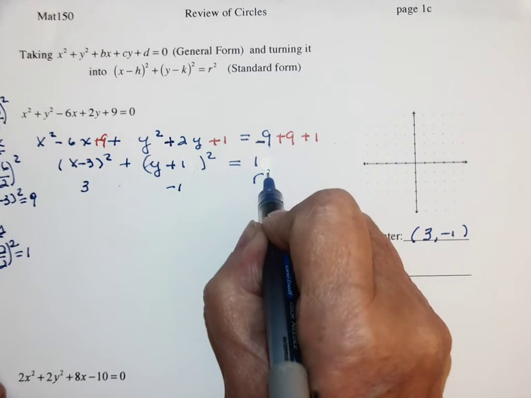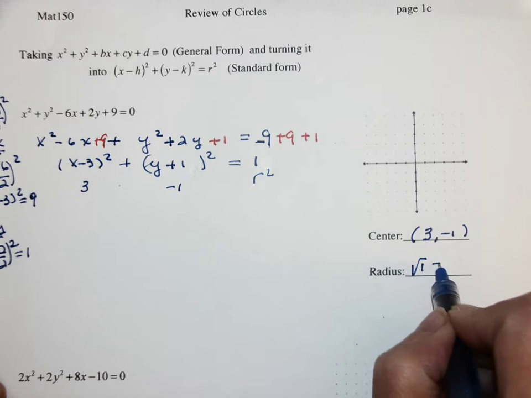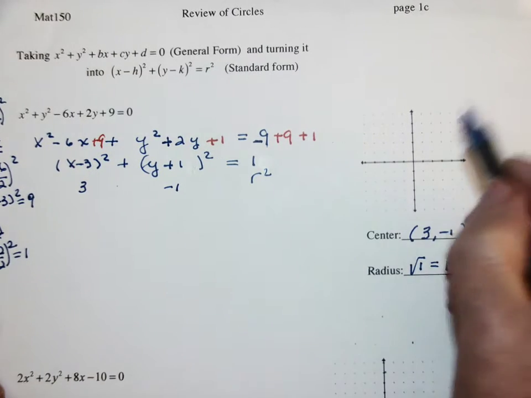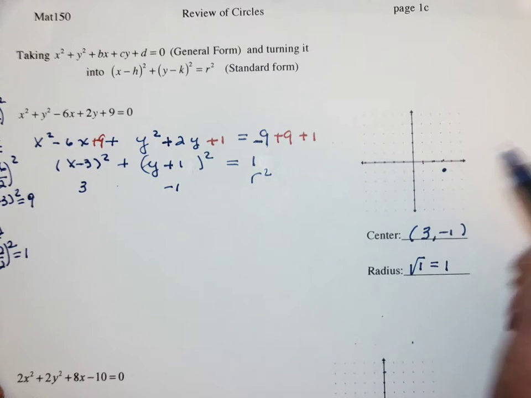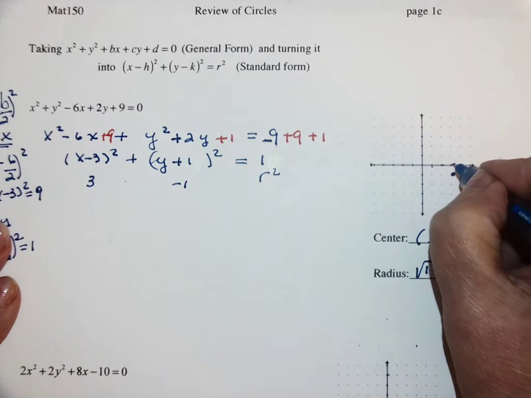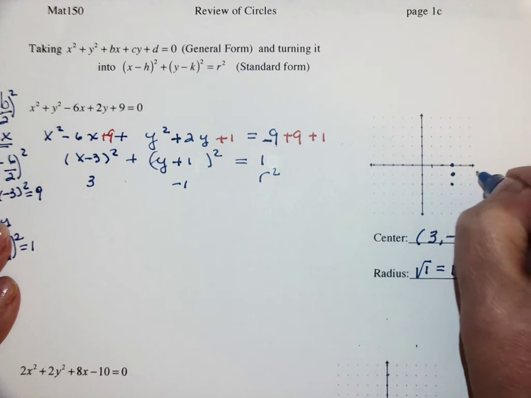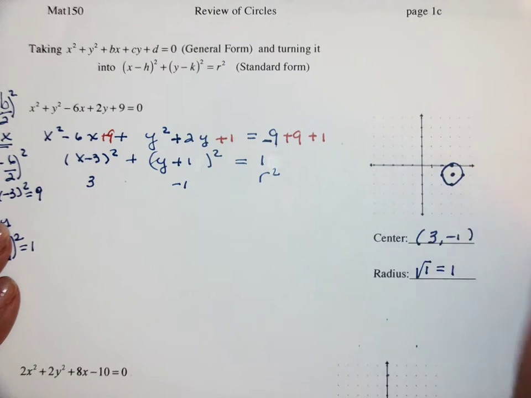And remember, that's r squared. So r is the square root of 1, which is 1. So 1, 2, 3, 1, 2, 3, negative 1. And then from there, I go up 1, down 1, right 1, left 1, and a little bitty baby circle.